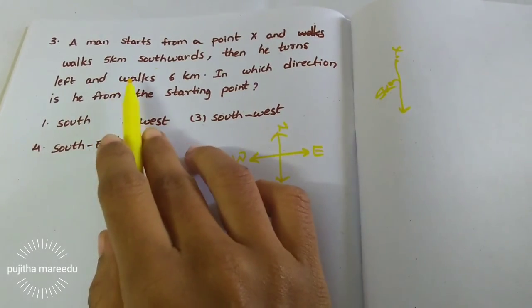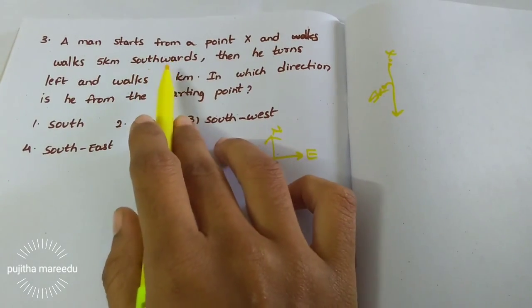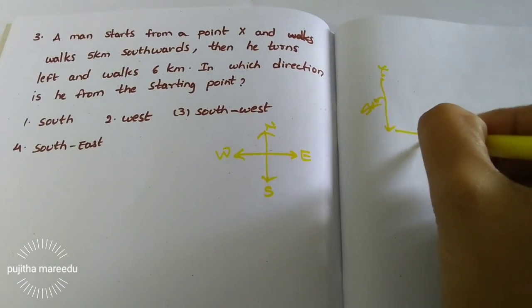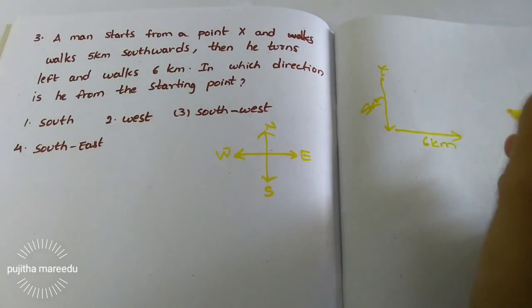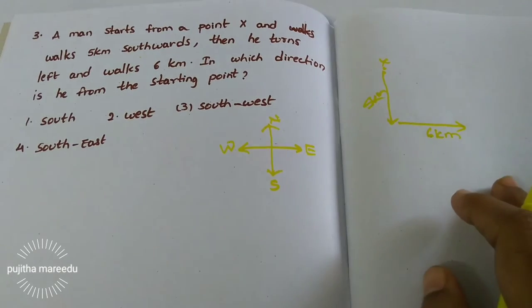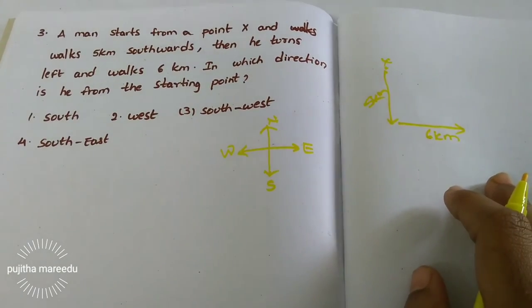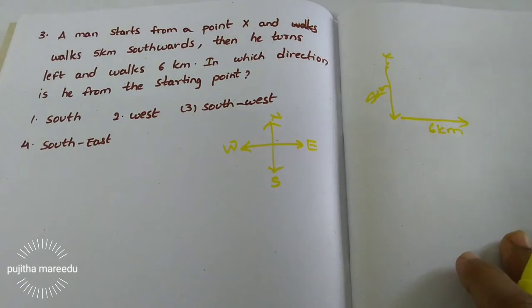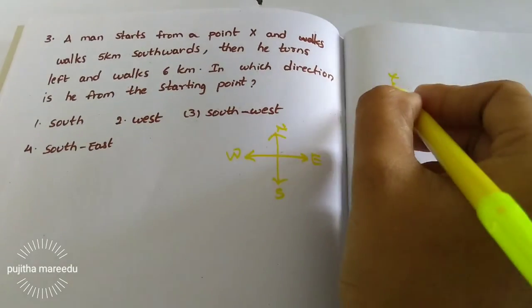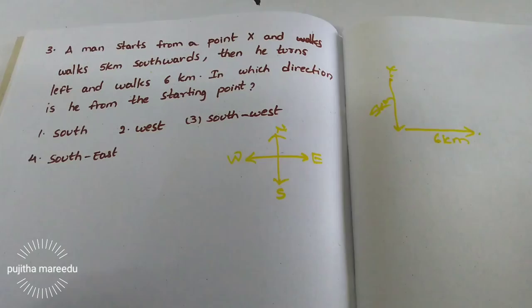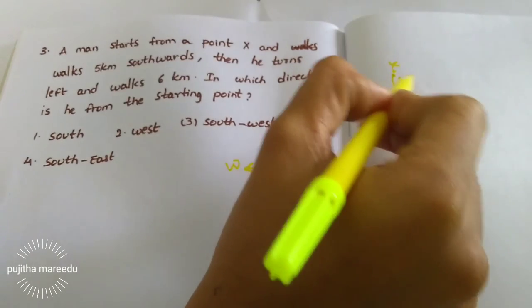Then he turns left and walks 6 km. Okay, in which direction is he from the starting point? This is the starting point and this is the ending point.